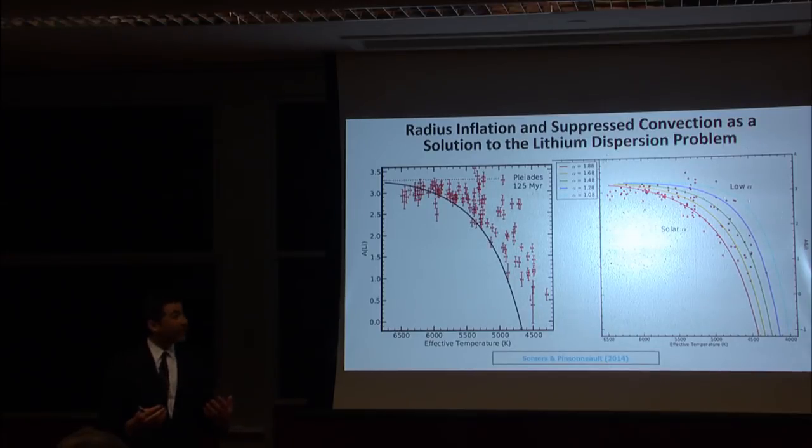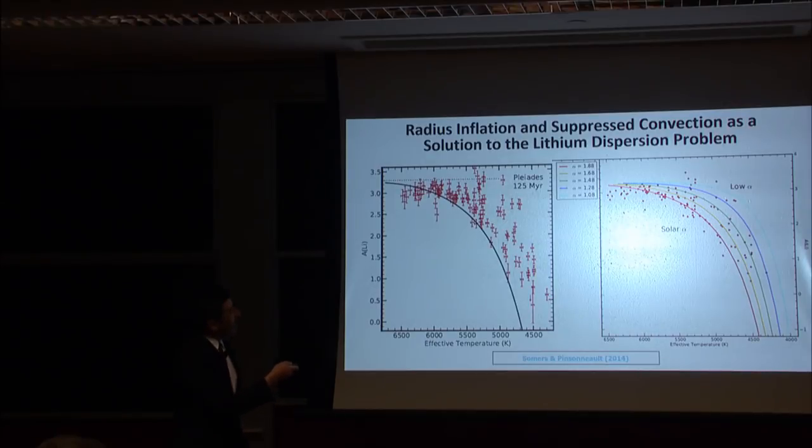And remember I told you about using lithium as an additional probe of what's happening in the interior. So if we take the same effect that I just showed you of radius inflation in correlation to rapid rotation, we can at the same time look at lithium.